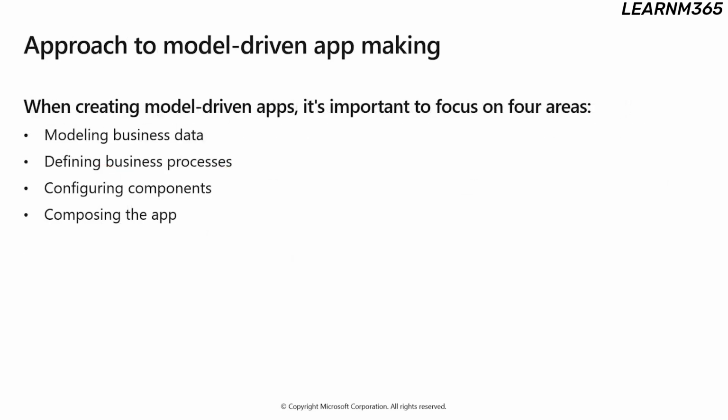So let's say I'm going to create a model driven application, so what is the approach we are supposed to follow? When creating a model driven application, it's important to focus upon four areas. What are those four areas? Number one, model the business data. So in the Dataverse layer, we focused upon data model.